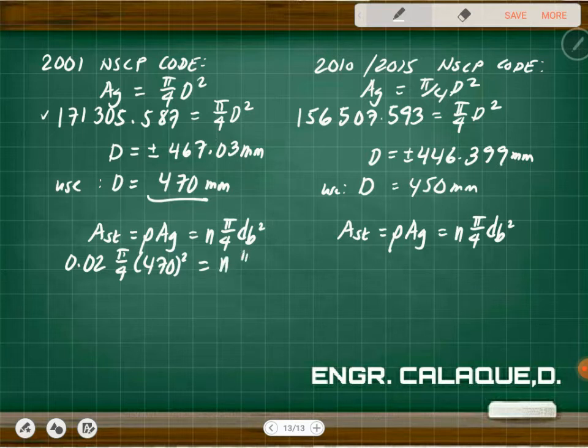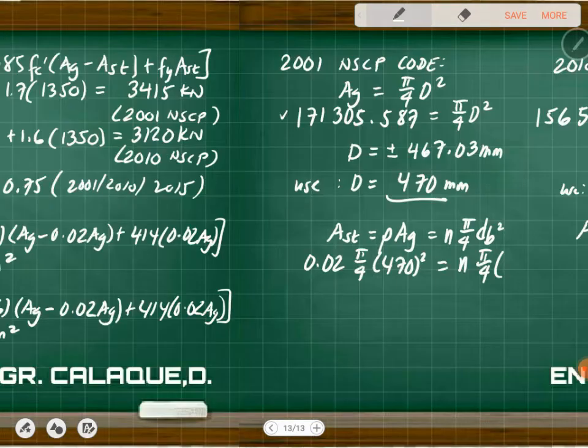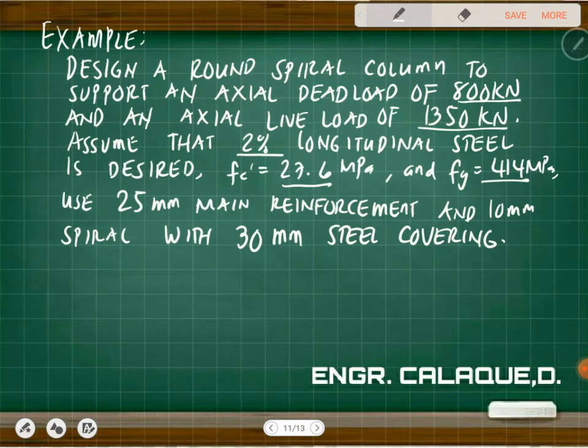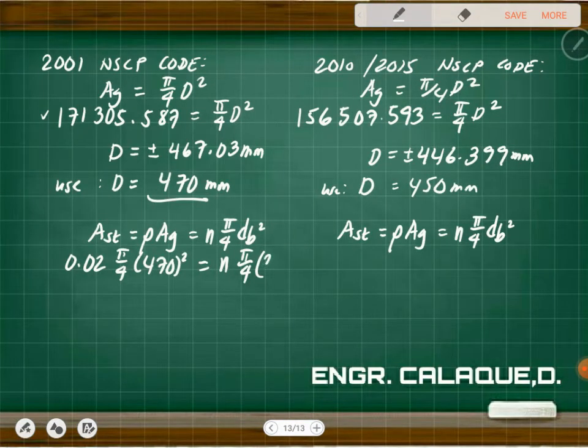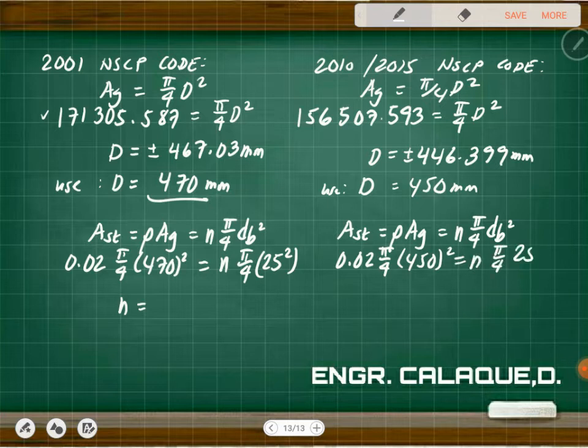So we have n pi over 4. Yung diameter na ipagamit ng problem is 25 mm. So we have 25 mm. So meron tayong number of bars. So ganun din dito, we have 0.02 pi over 4 ng 450 squared. Then we have number of bars, pi over 4, diameter of bar is 25.